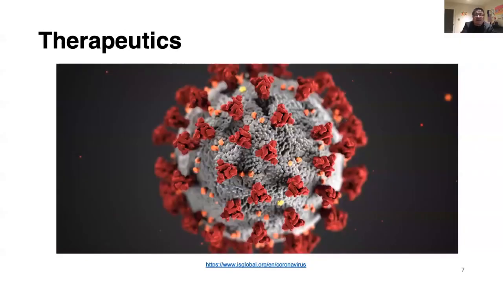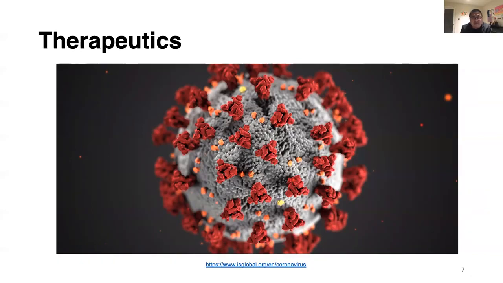The second one is therapeutics. Basic scientists like biologists and chemists, who study the SARS-CoV-2 virus that caused the COVID-19 disease, have been looking at whether there is any disease mechanism we can figure out from the microscope level or from the virus level.